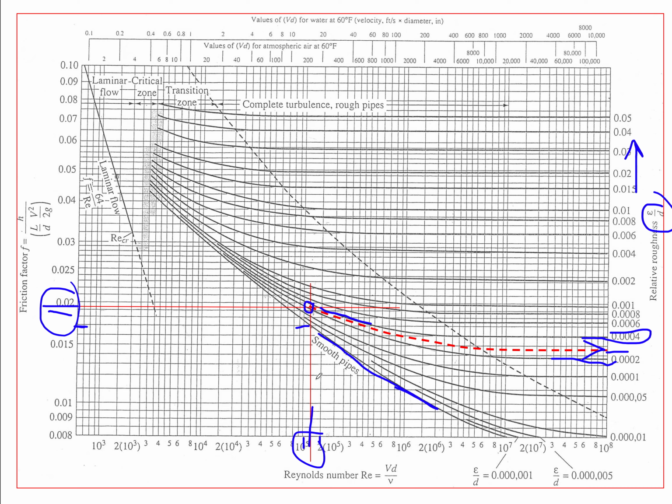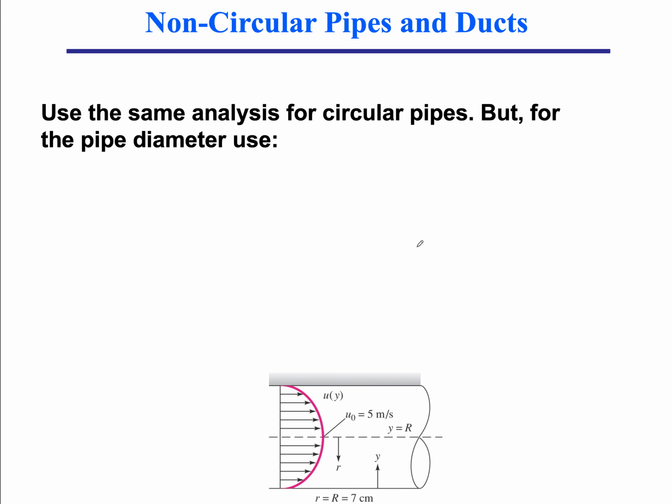However, you need to get some circular equivalent diameter. The Moody Chart is set up for circular pipes, but if we have non-circular pipes, the Moody Chart will work, except you really need to get some circular pipe equivalent.